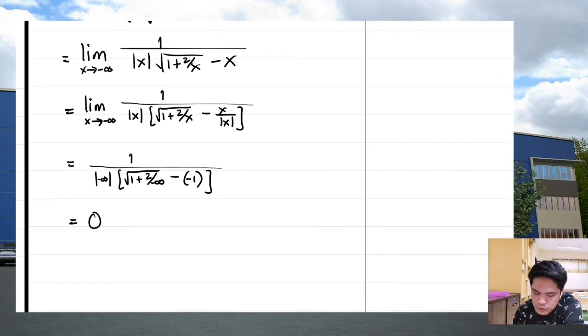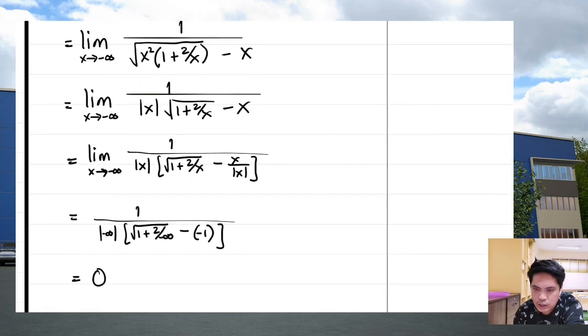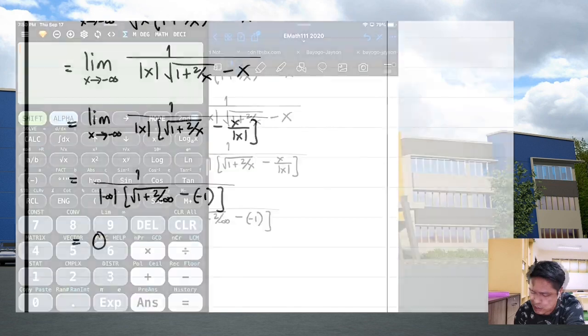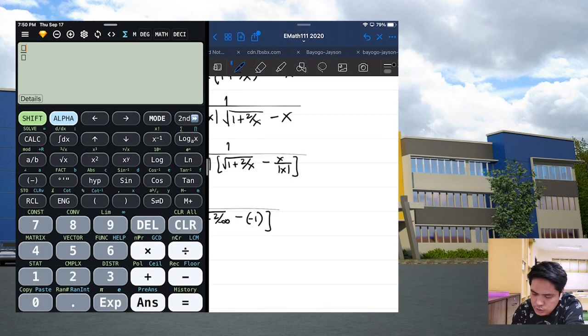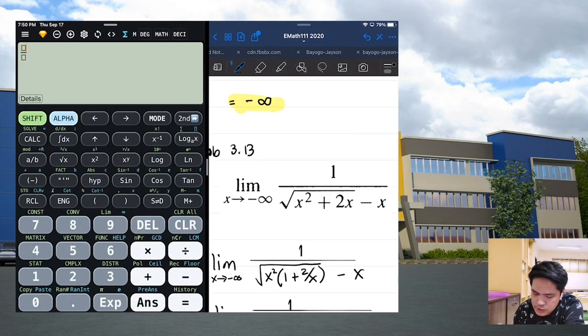Okay? So we could verify that using calculator. So let's try to verify that. So sa calculator, if we type this particular function, 1 over square root of x squared plus 2x and then minus x, okay, and you calculate, ayan, that is negative infinity.